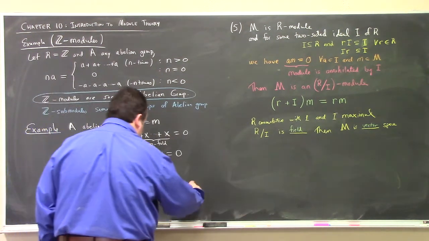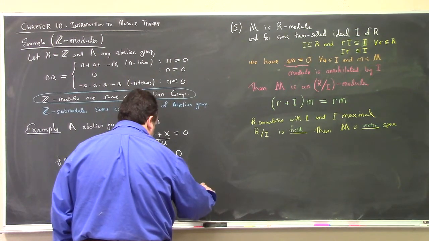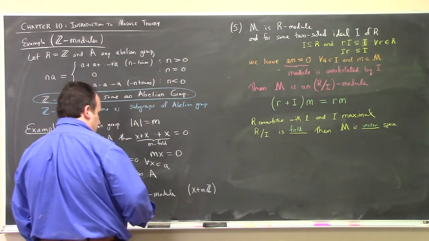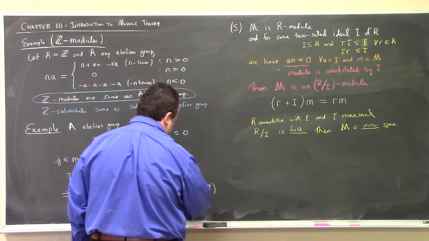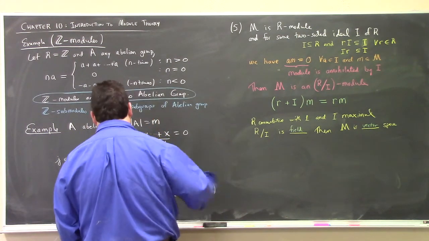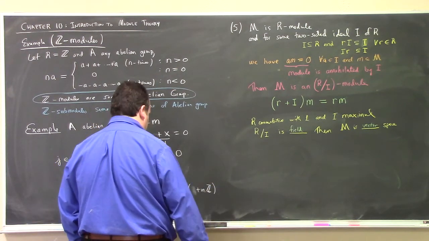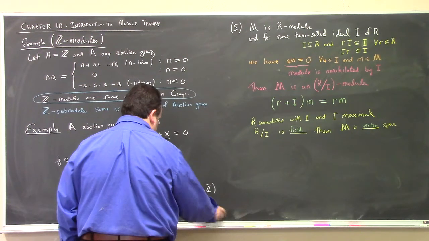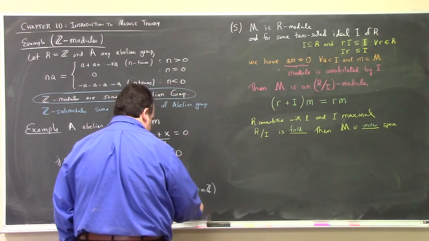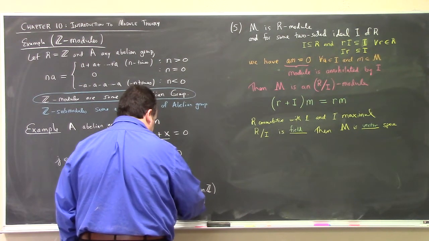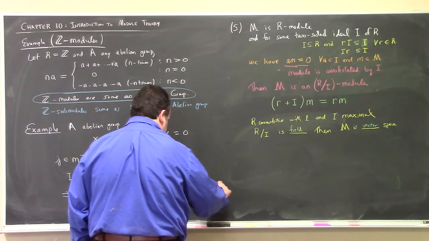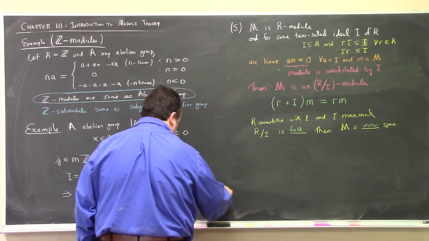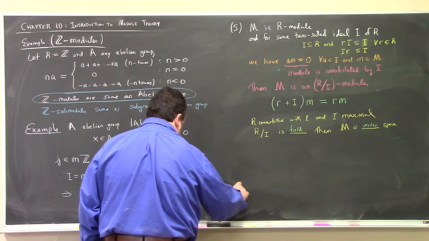We define the module action by what? Q plus mZ, acting on a typical element of my abelian group, which I've been calling x, is just equal to qx. I shouldn't use x or j for the ring element, so I'll use q, which is weird enough.